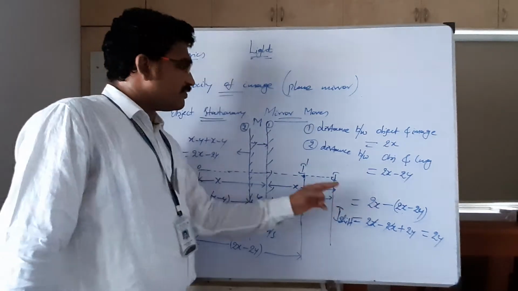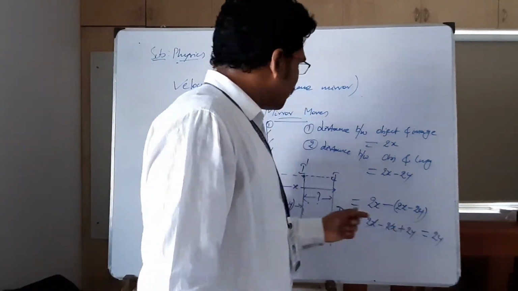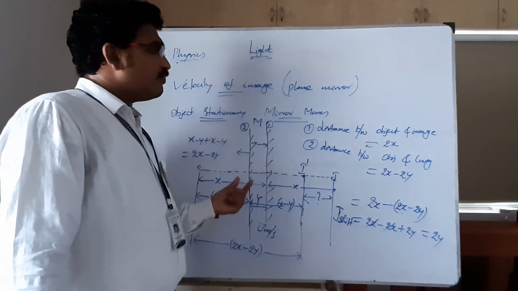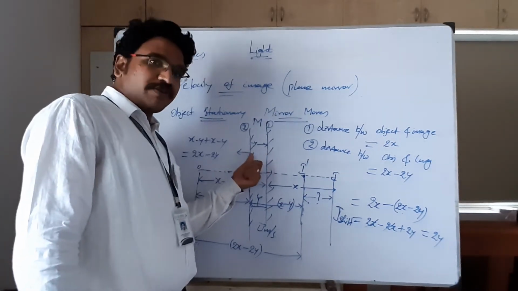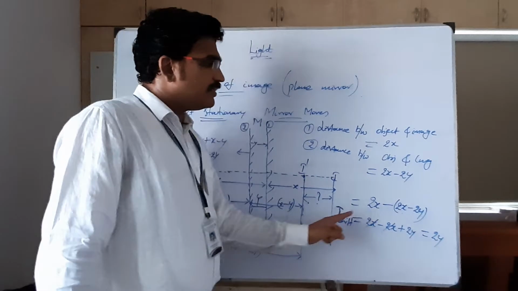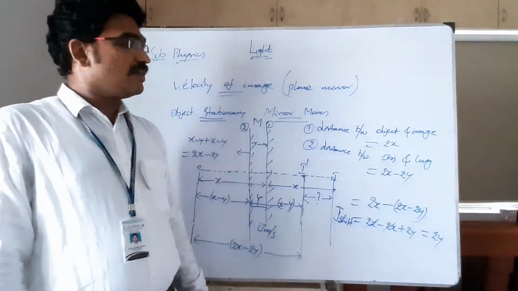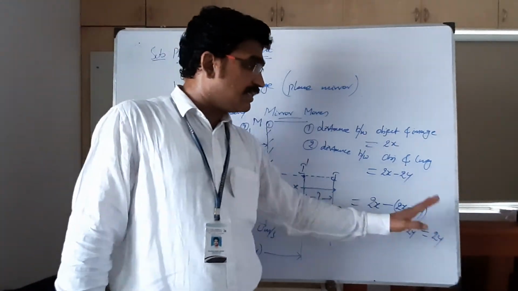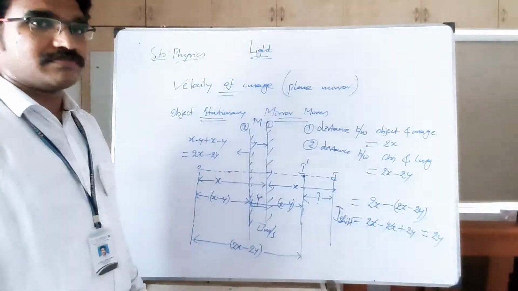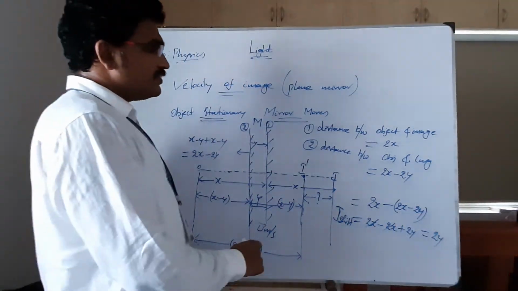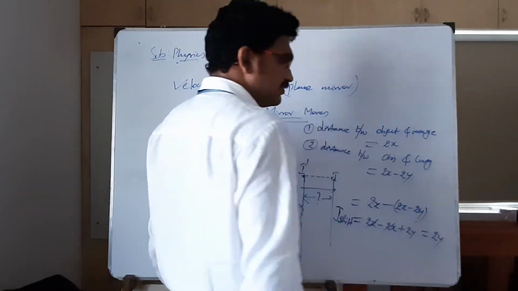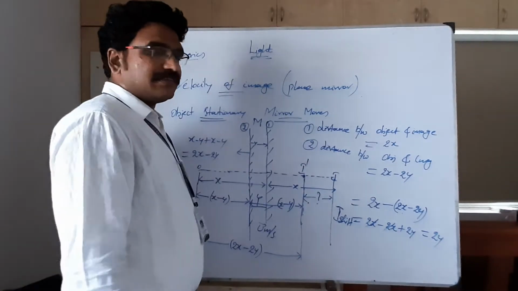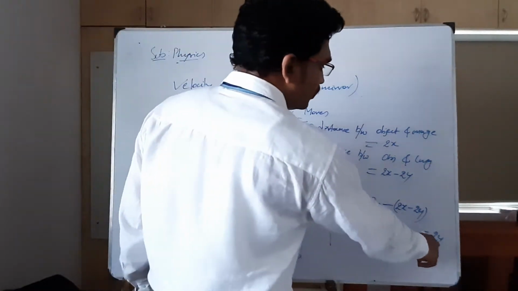So when the mirror takes y displacement, the image is taking 2y displacement, simple. So the image shift we can take as 2y. Means if the mirror has moved 10 meters, the image is going to move 2 into 10, 20 meters.